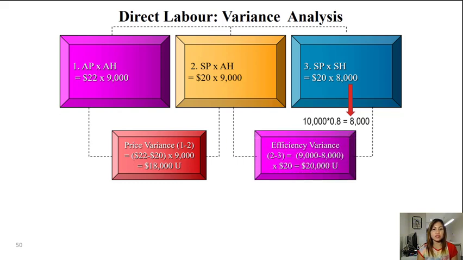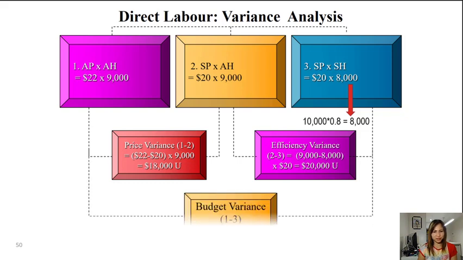For efficiency variance, the difference between 9,000 actual hours and 8,000 standard hours is unfavorable, because you spend longer in the manufacturing process than expected, times the $20 standard price, equal to $20,000 efficiency variance unfavorable. So the sum of price variance plus efficiency variance gives you a total budget variance of $38,000 unfavorable.